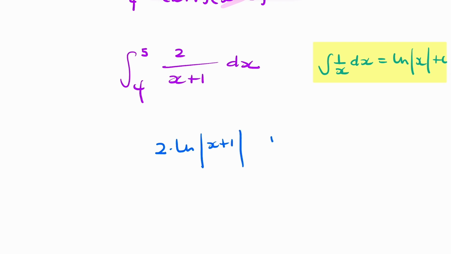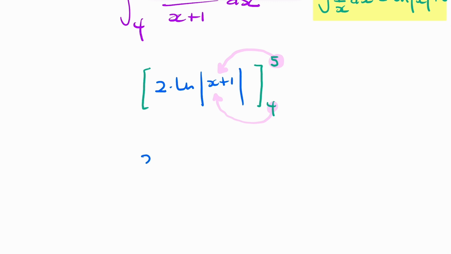I'm not going to say plus c because we have these limits. So it's a definite integral. We just need to add these limits here, and then we substitute each of these limits. We substitute the 5, we substitute the 4, and we subtract.